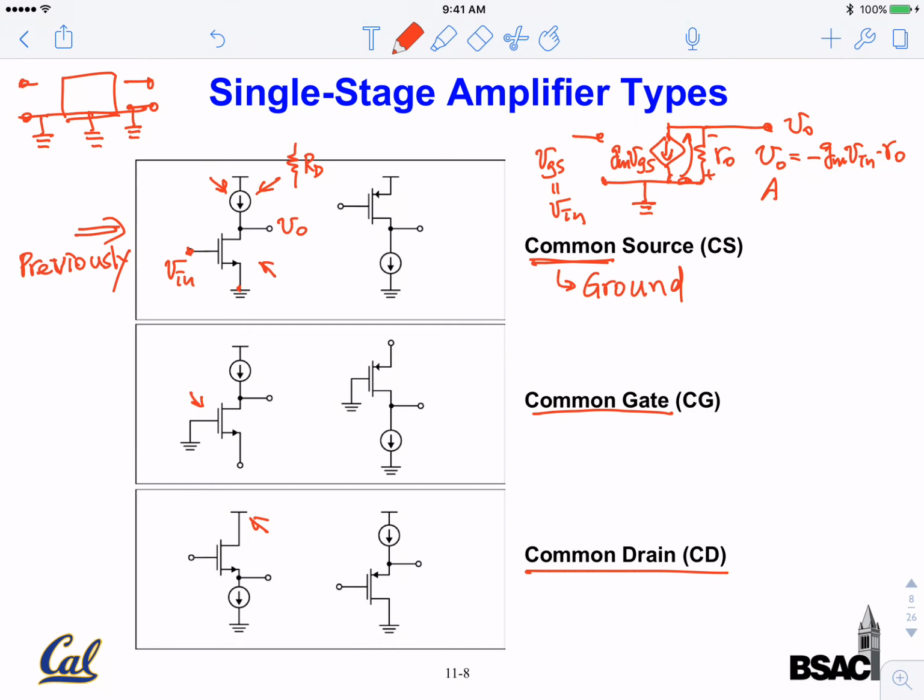So your voltage gain, AV, is minus GM RO. Okay, so very easy. The two fundamental parameters in a small signal equivalent circuit, transconductance GM and output resistance RO, their product gives you the amplifier gain in the common source configuration.